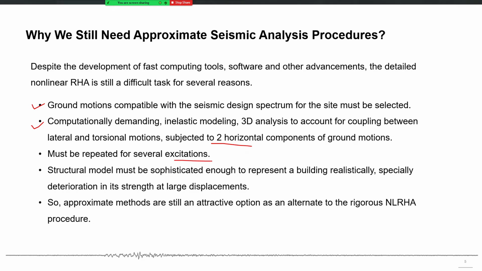So you have to do it for 11 ground motions. Then the structural model should be sophisticated enough to capture all dynamic effects, because it is a dynamic analysis, time history analysis. So all of these complexities are involved in the nonlinear time history analysis.